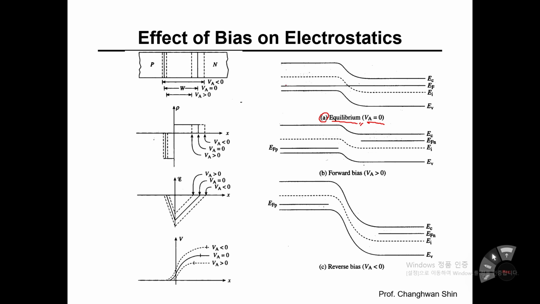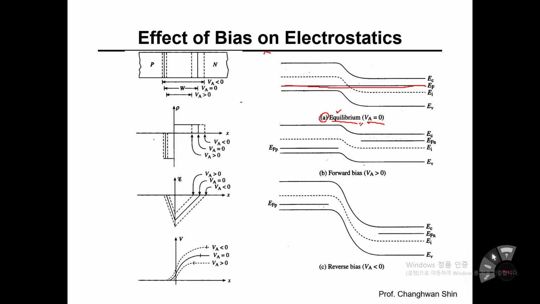So as we have learned in the previous lecture, at thermal equilibrium, a single system should have a unique value of Fermi energy level. So E_F is single valued.